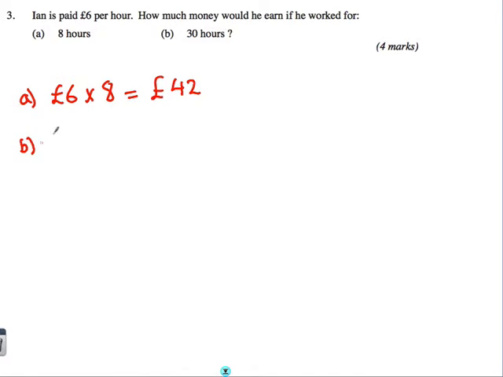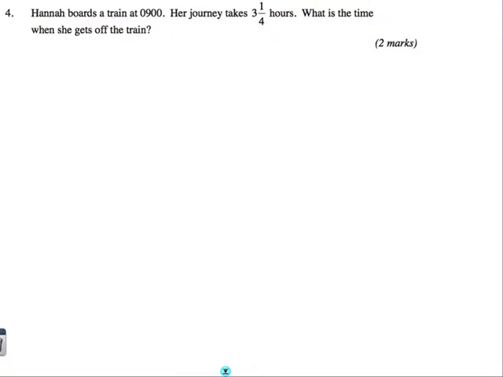For B, he's worked 30 hours now. So he's got 30 lots of 6s. So 6 times 30 would give you £180. And we're done. We've answered both parts of question 3.